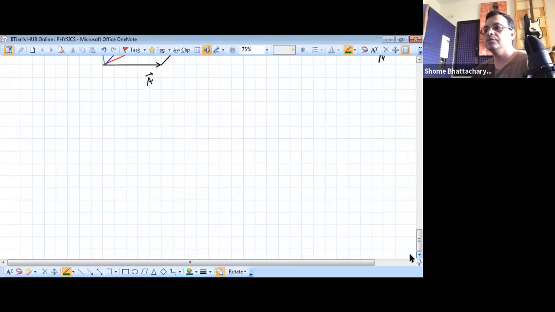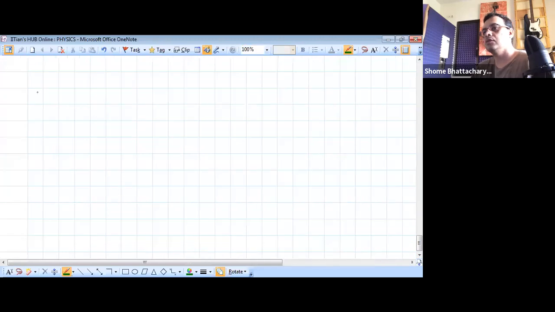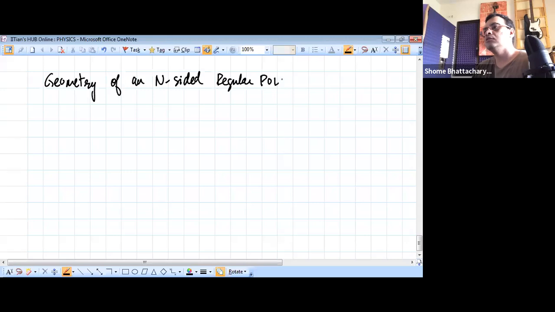So let's understand the geometry of an n-sided regular polygon. Then we will convert it to vector algebra.